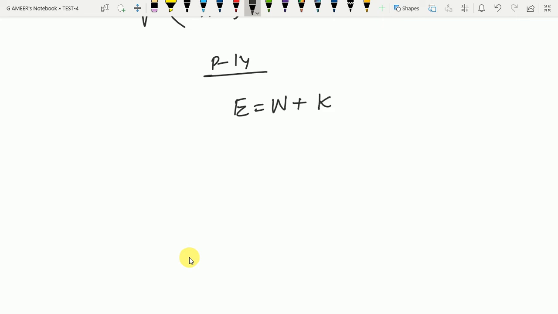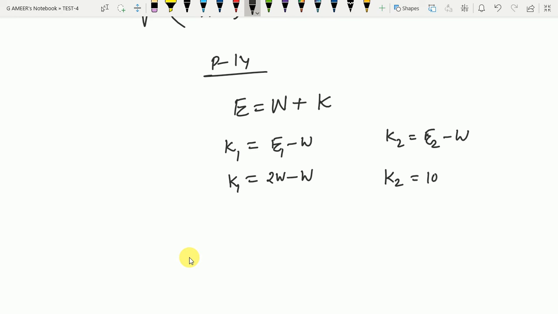Now the kinetic energy in the first case, K1 is equal to E1 minus W. In the second case, K2 is equal to E2 minus W. K1 will be, E1 is twice the work function, minus W. K2, it is 10 times the work function minus W, so K2 will be equal to 9W, and K1 is equal to W. So we need the ratio, K1 is to K2 is equal to W is to 9W, that is 1 is to 9.